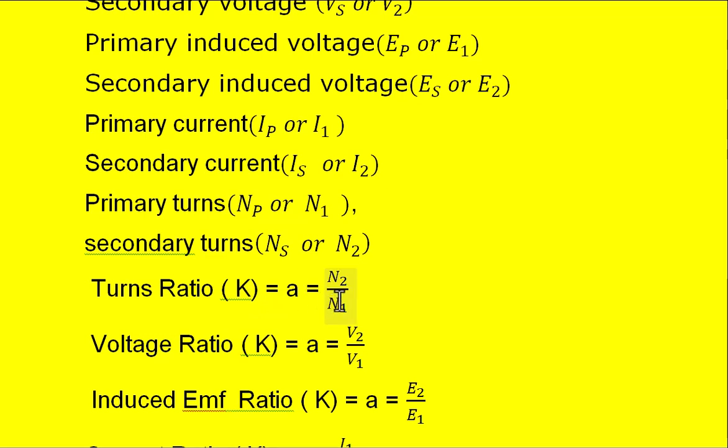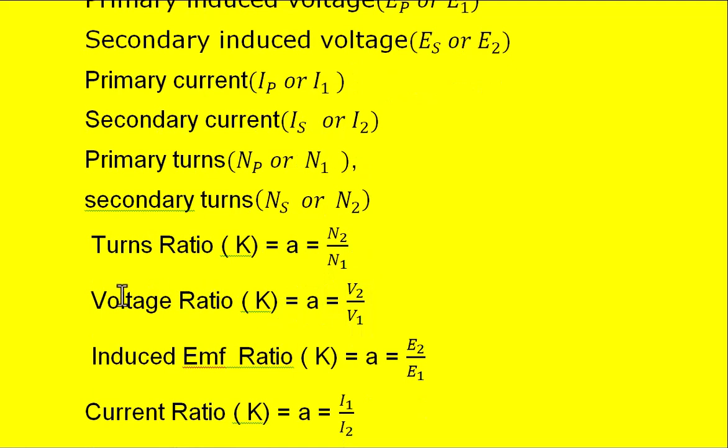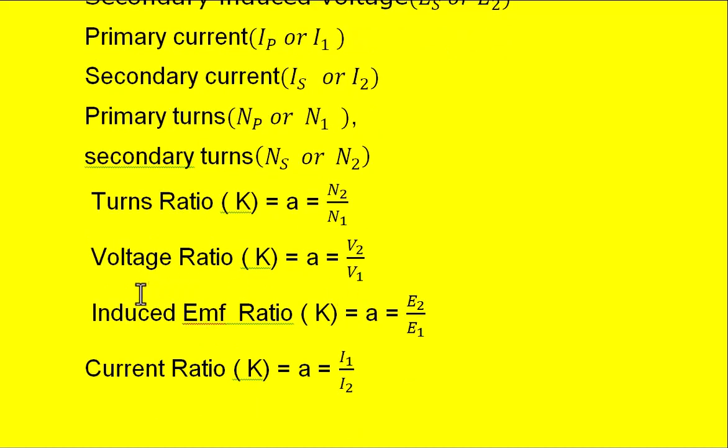Then the turns ratio is normally represented with K, and this is also represented with a, and that is equal to N2 by N1. Similarly, the voltage ratio is also represented with K or small a, that is equal to V2 by V1.